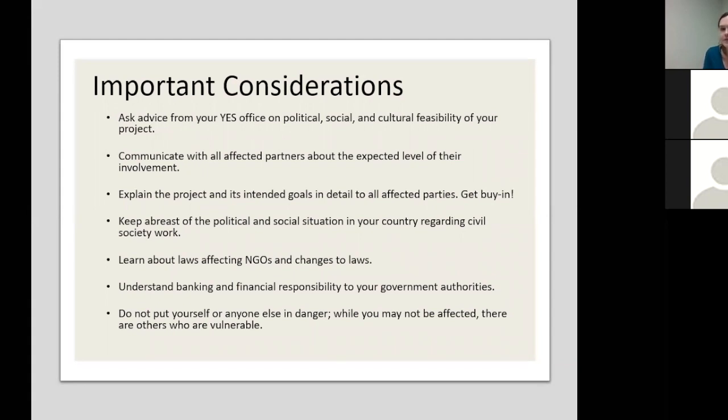Depending on your country, you may have taxes that have to be paid in order to receive your grant funds. So it's your responsibility to be knowledgeable about these things. And finally, don't put yourself or anyone else in danger. Again, this goes back to risk mitigation and ensuring that you are thinking through any possible risks to you, your project team, and your beneficiaries.